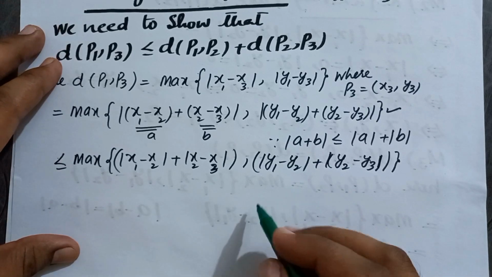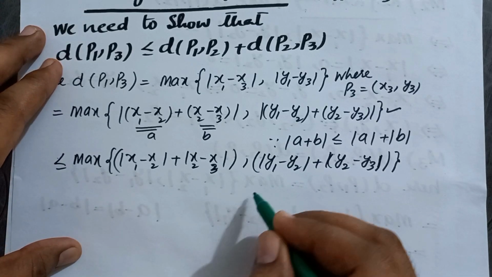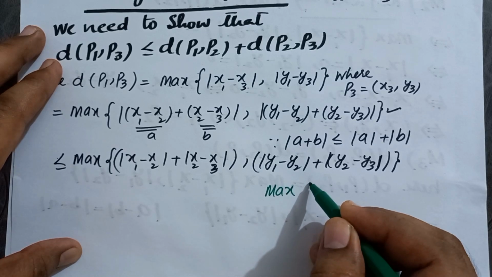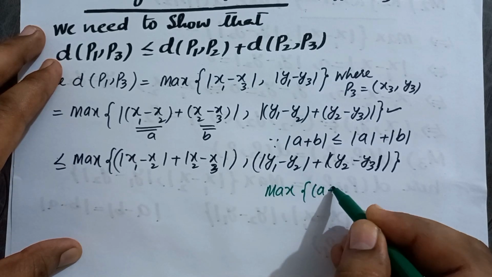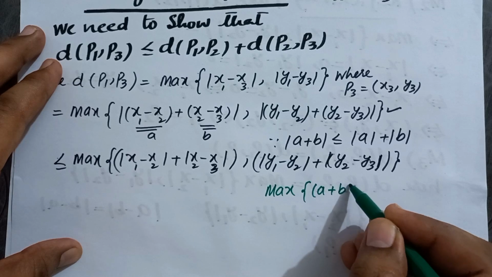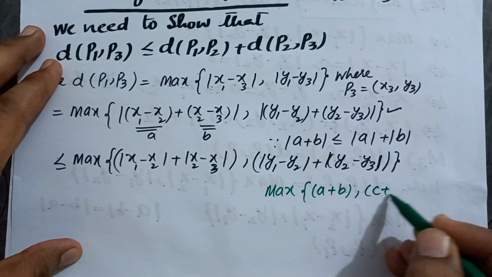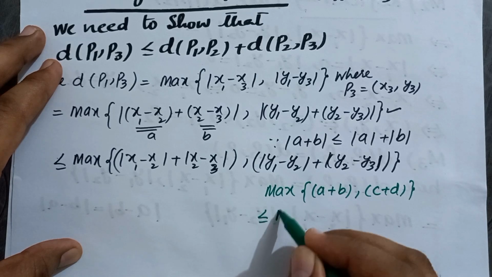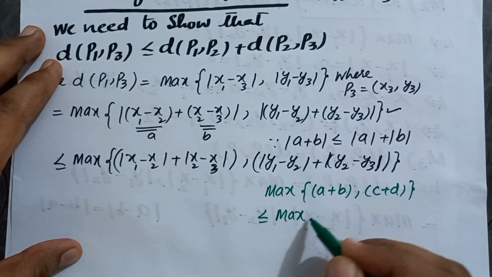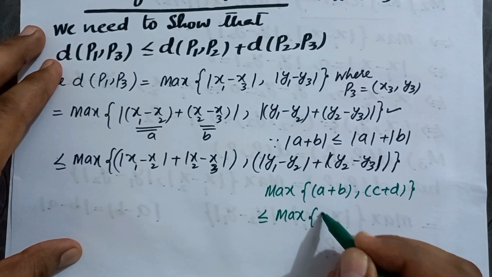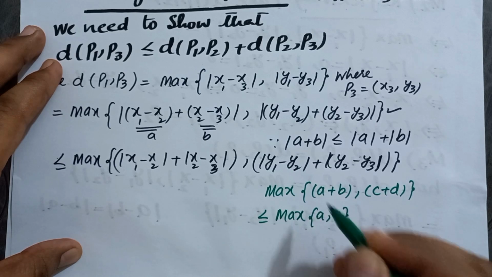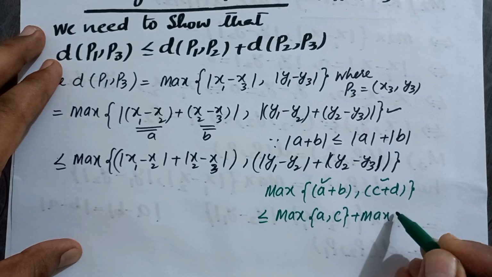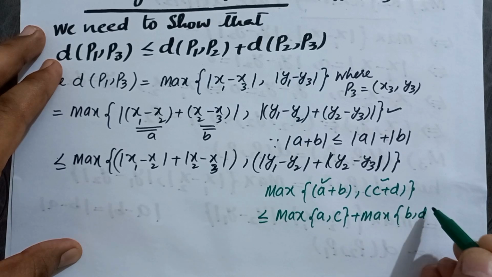Next, by using a property of maximum, the maximum of a plus b, comma, c plus d is always less than or equal to the sum of the individual maxima, that is the maximum of a comma c plus the maximum of b comma d.